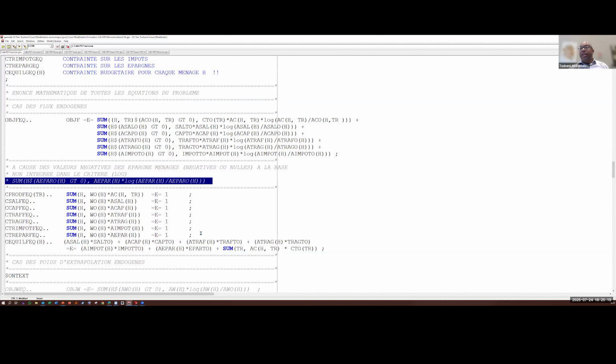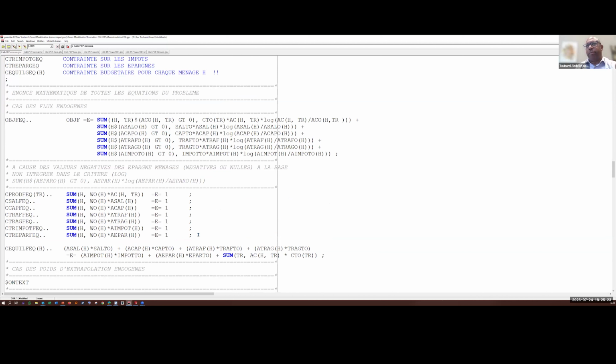Now, this is the very difficult part. There is some mathematical approach here, but we have to extrapolate. When we extrapolate, you can put this outside if you want, but this is exactly the answer to your question, Ali. When we extrapolate each consumption, we must find the value in the sum for each flow.